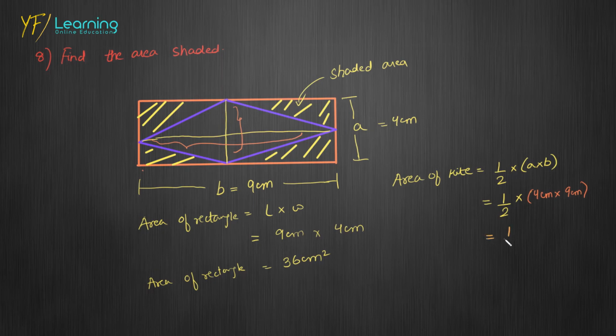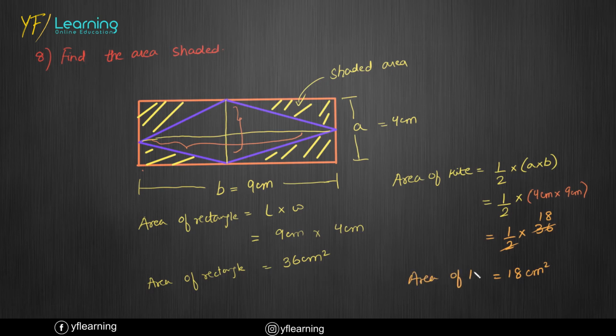So half times 9 4s are 36, and 2 18s are 36. So it is 18 centimeter square. The area of kite is equal to 18 centimeter square.